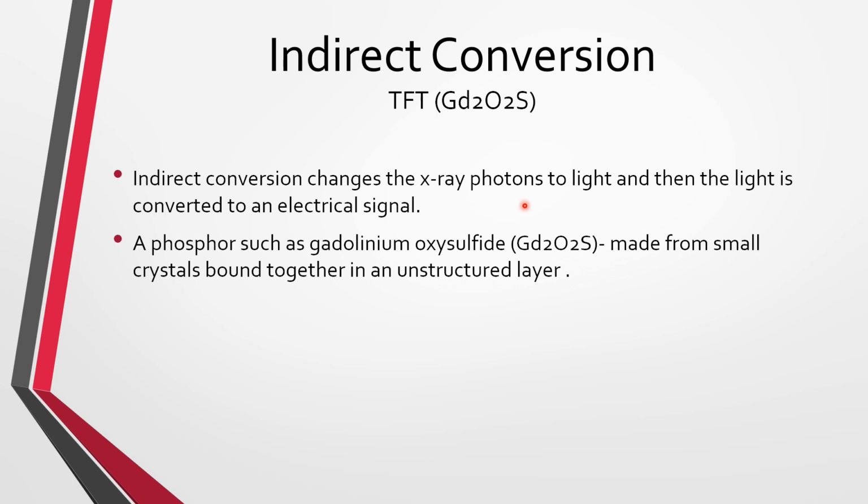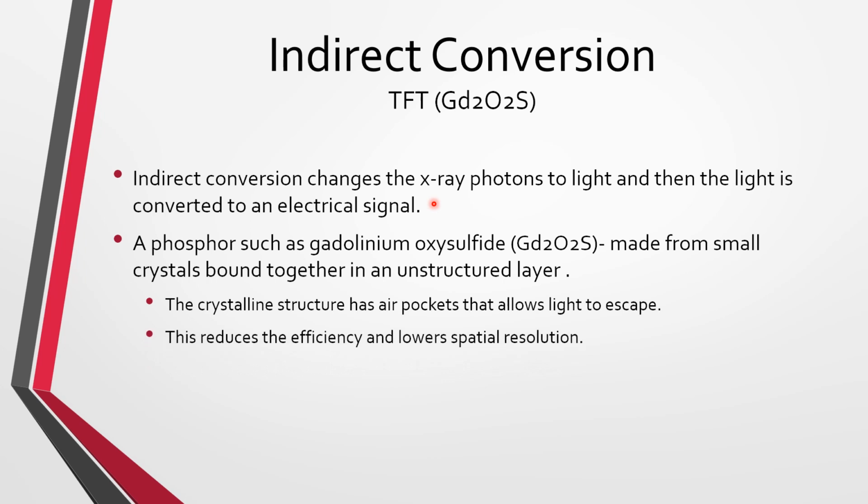Phosphor, such as gadolinium oxysulfide, made from small crystals bound together in an unlayered structure, is utilized. The crystalline structure has air pockets that can allow light to escape. Okay, so this gadolinium oxysulfide could be a little less than ideal. This reduces the efficiency and lowers the spatial resolution.